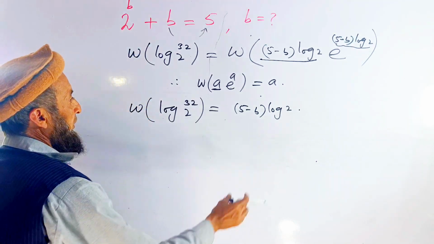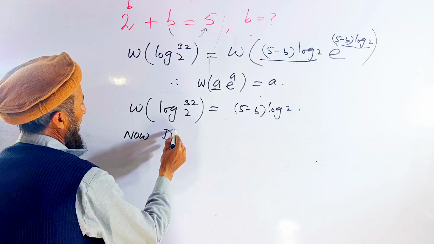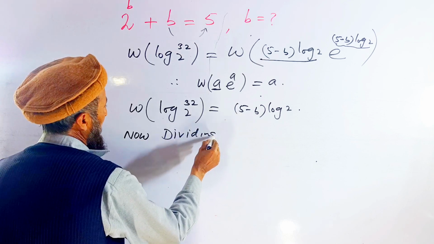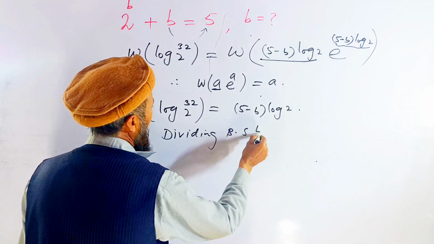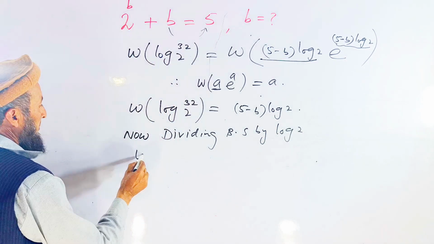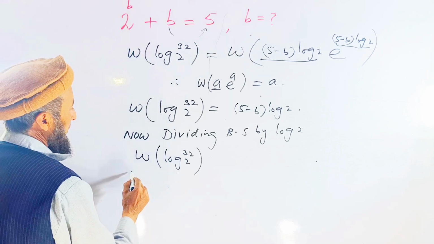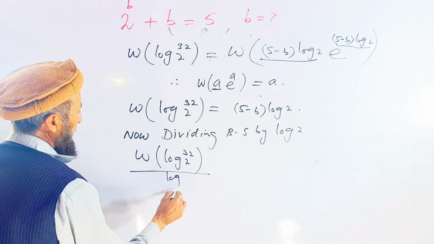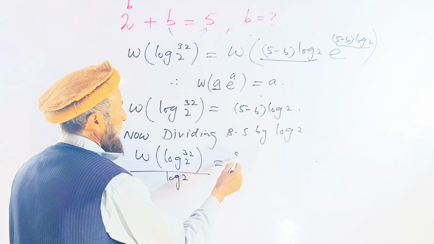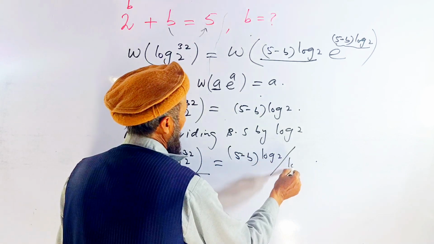Now dividing both sides by log of 2. So W of log of 2 exponent 32 divided by log of 2 is equal to 5 minus b log of 2 divided by log of 2.